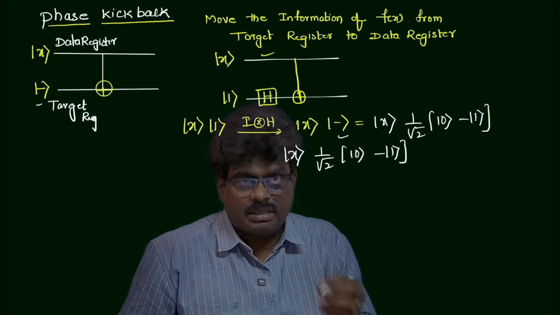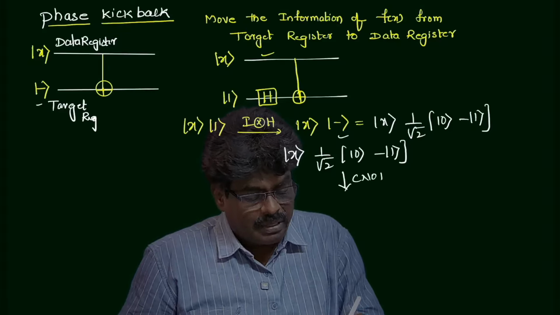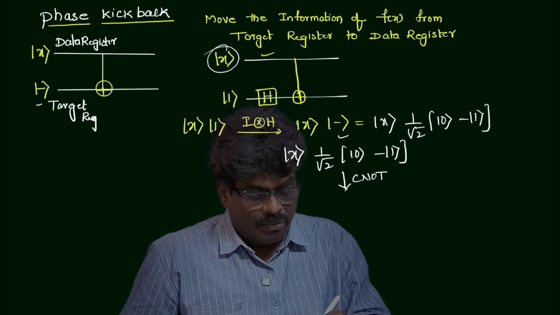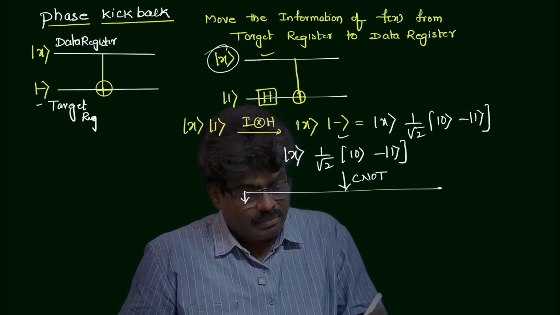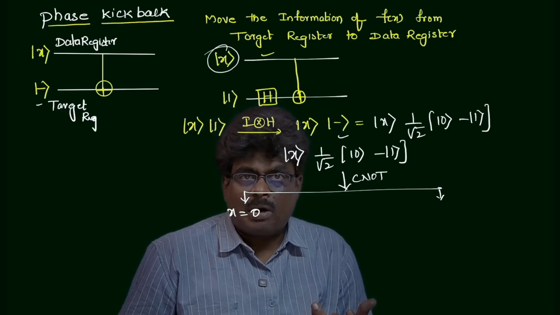Let me explain with this example. What is this phase kickback? Here we have a CNOT operation. Who is the control bit here? This is the X. We have two possibilities. If X is equal to 0, no operation.